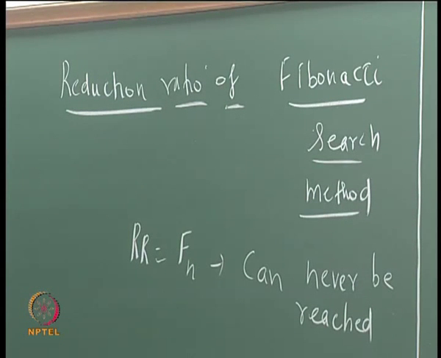Because if we take f of 8 is equal to 34 and we started dividing the interval as 21 by 34 and then 13 by 21, we were not able to do the 8th evaluation at all. The 8th evaluation was at the center. It does not help us because we are not able to get 2 points, because it reduces to half, okay.